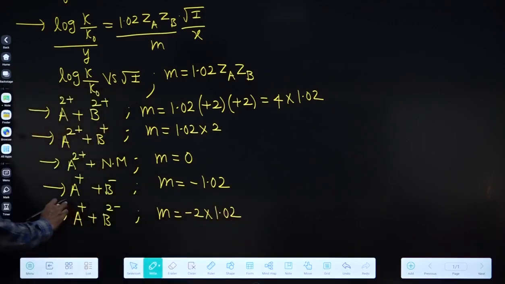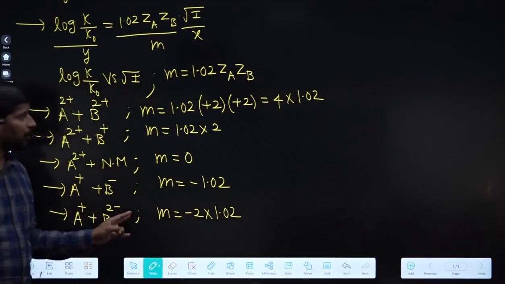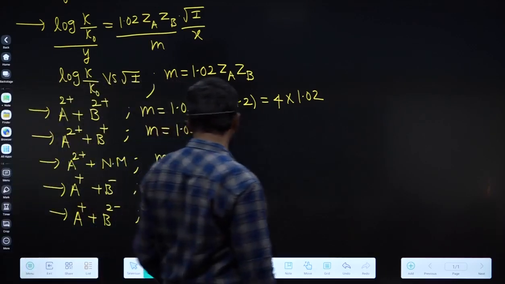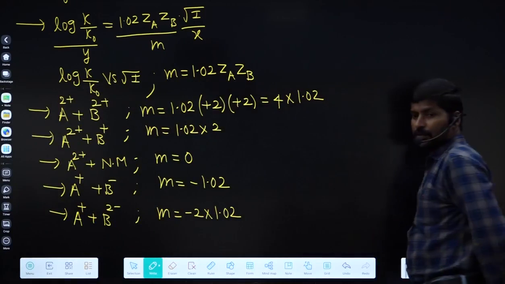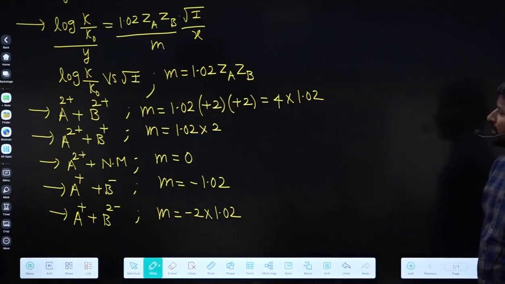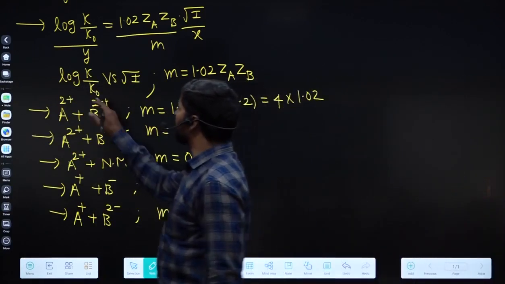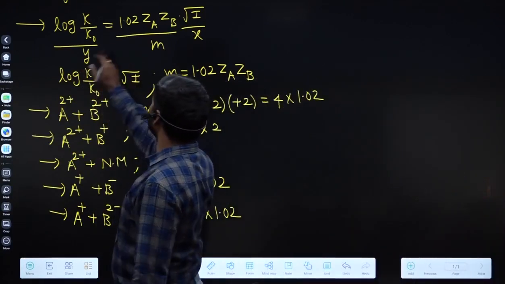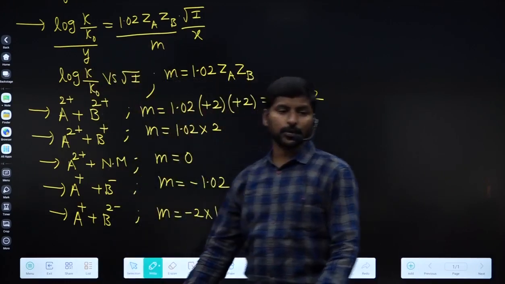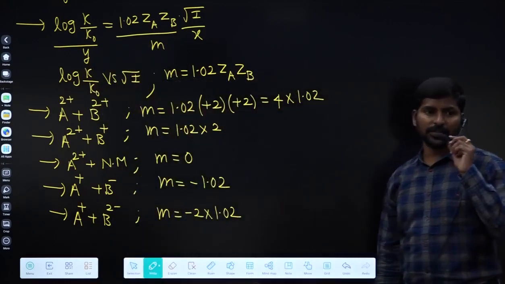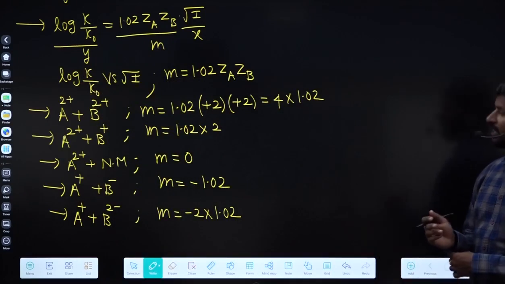The charge number on the cation is 1, on the anion is minus 2, so ZA into ZB value is minus 2. So we may get slopes like this. If you take a plot of log K by K naught versus root I, that is in the form of y is equal to mx, so we will get a straight line passing through origin.